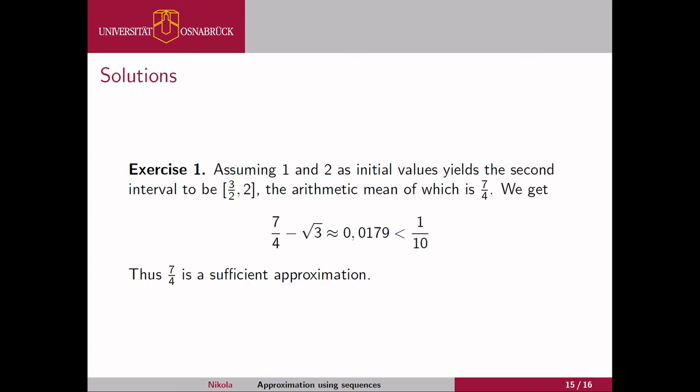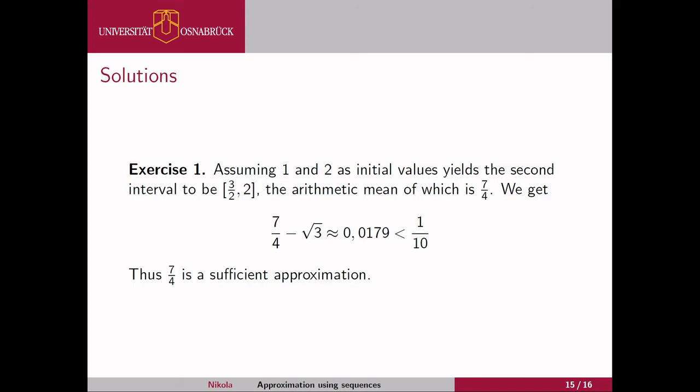So our interval is shrunk to 3 over 2 and 2. Now here the arithmetic mean is 7 over 4. And now our interval length of the 2 resulting intervals is still a quarter, right? It's 0.25, which is more than the epsilon value of a tenth.